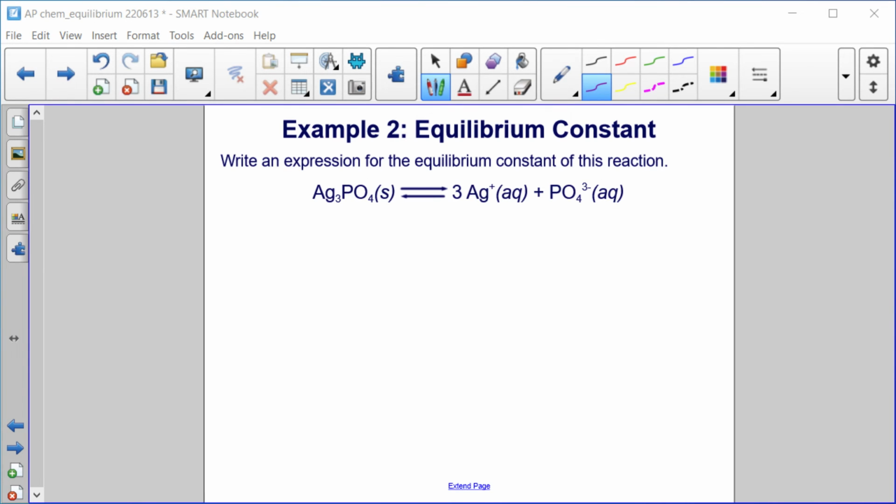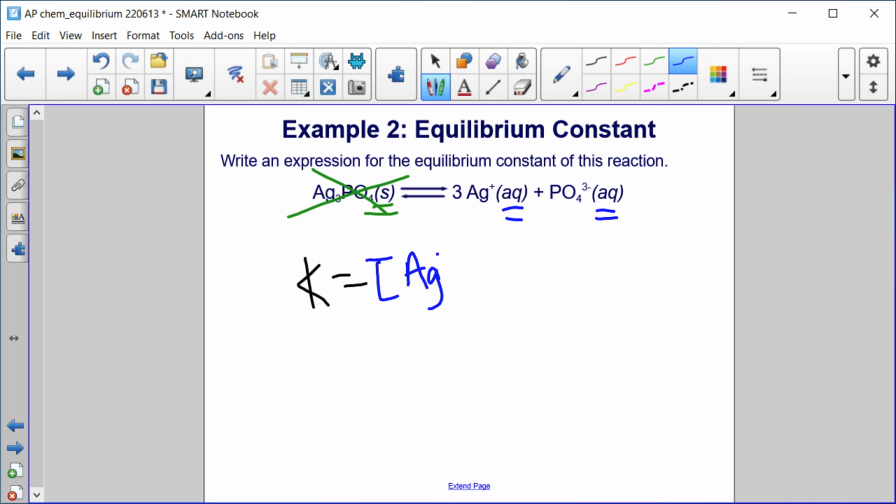Example 2, equilibrium constant. Write an expression for the equilibrium constant of this reaction. So we have two products that are aqueous, and then we have one reactant that is a solid. So we're not actually going to include that in the equilibrium expression. So you can say K is equal to the concentration of the products.